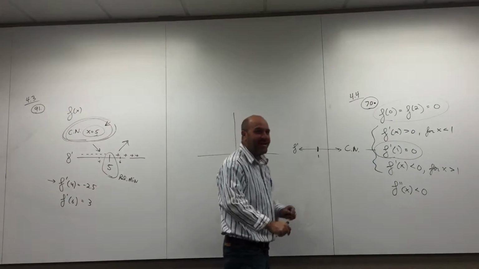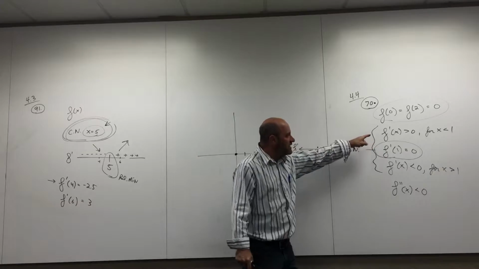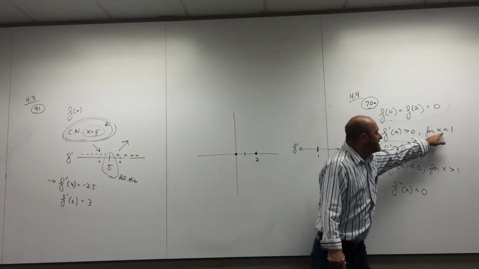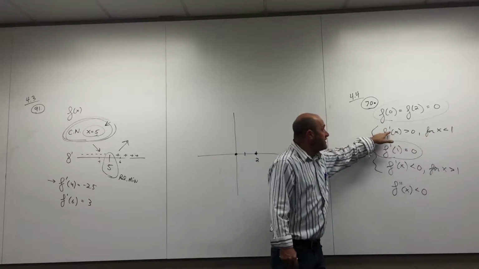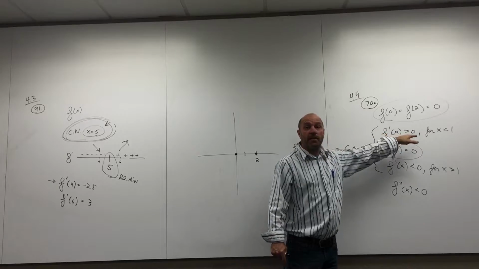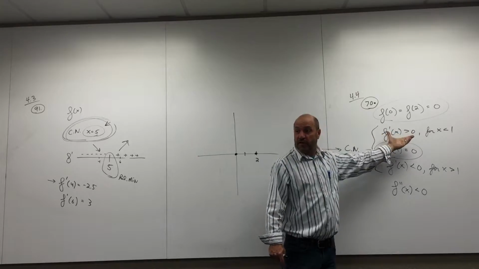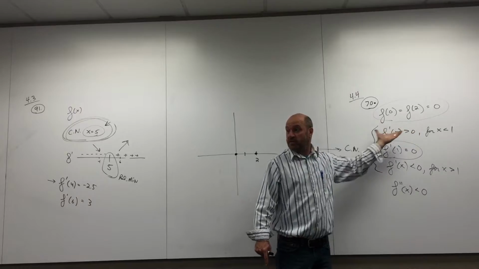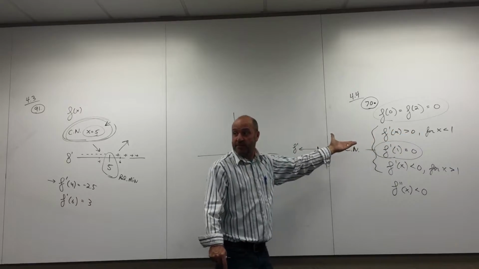Well, hang on. They did give me some more information. Look what they told me. When x is less than 1, the derivative is positive. That's what that says. Again, you're reading math.